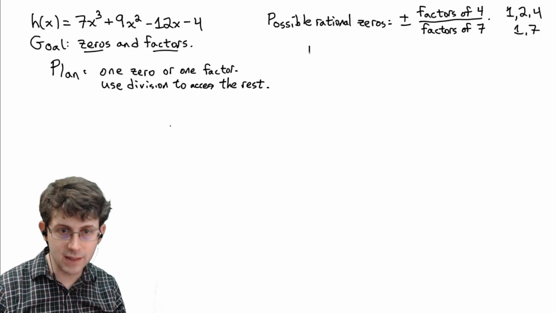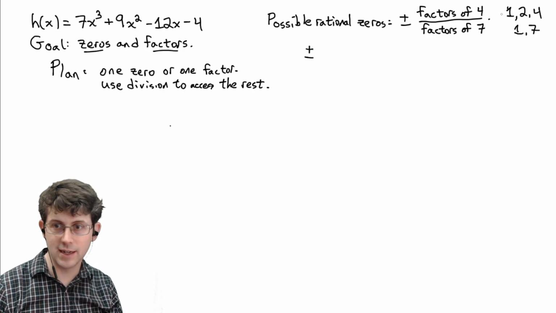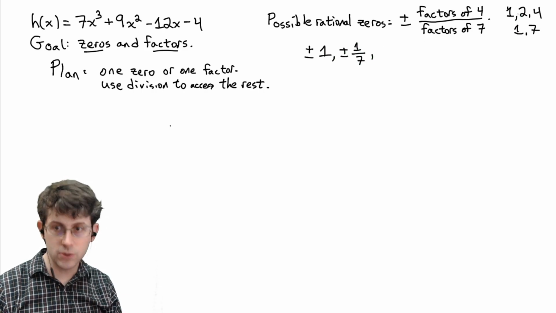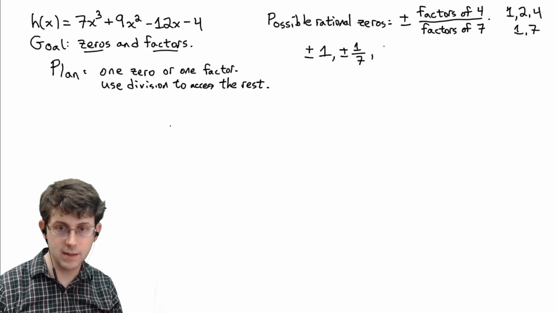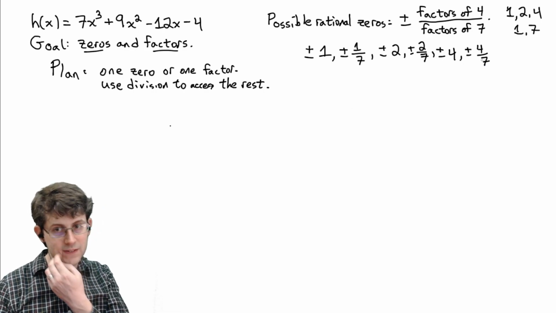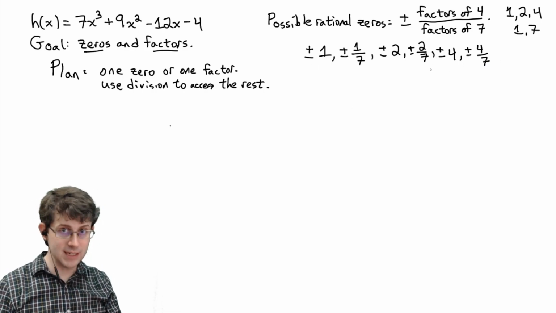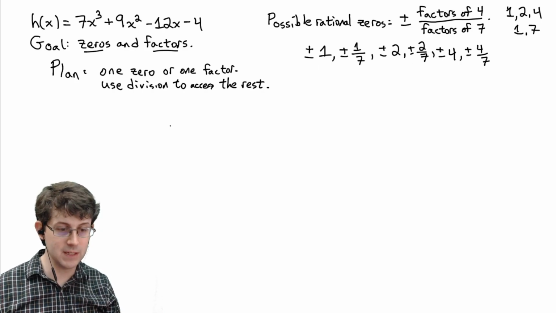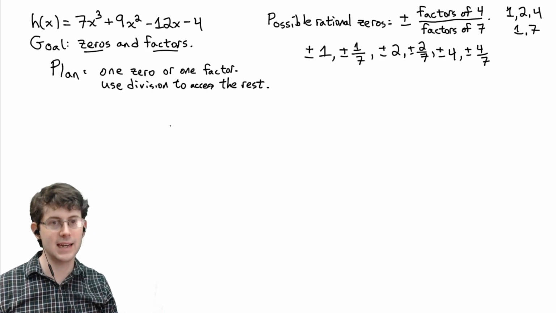So basically our list of possible rational zeros are 1 divided by 1 and 7, 2 divided by 1 and 7, and 4 divided by 1 and 7. So there's 12 numbers here. I don't want to try all 12 numbers. As soon as I notice I need to try 12 numbers, I say, you know what's good at that is a calculator.